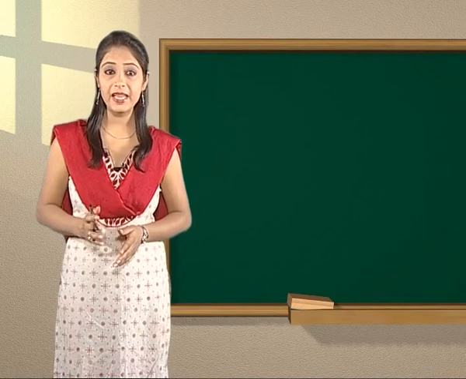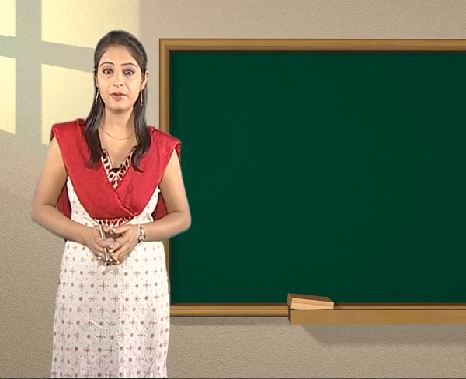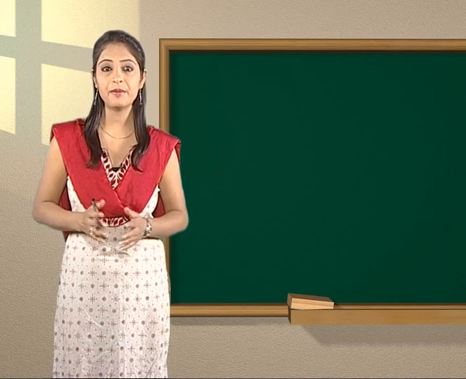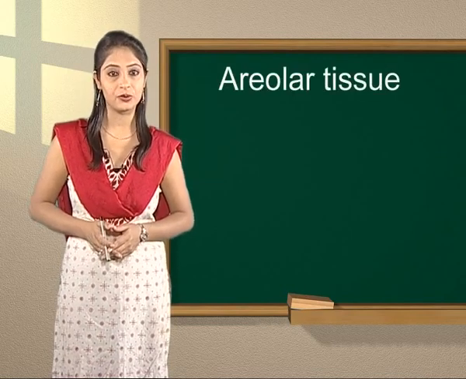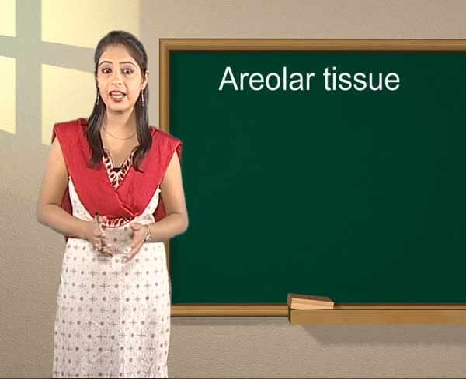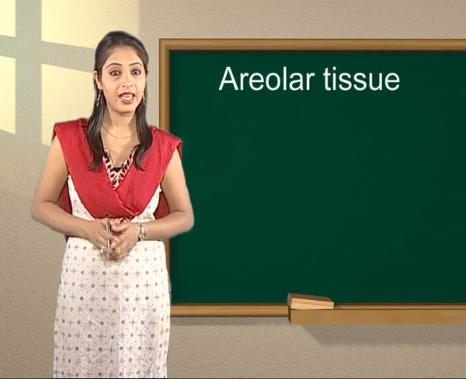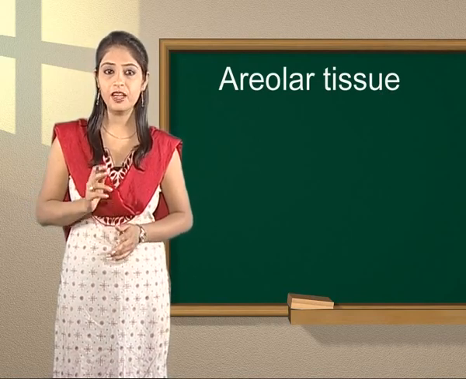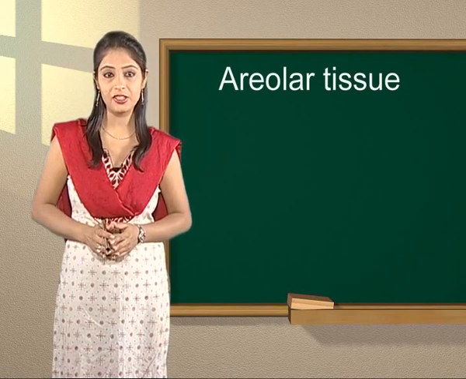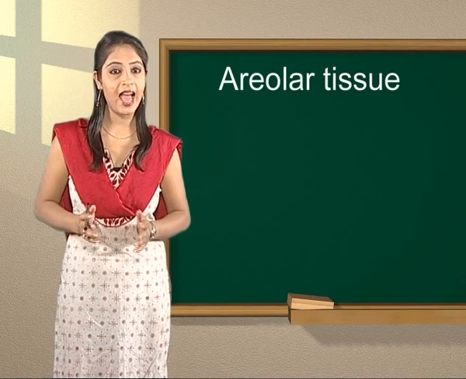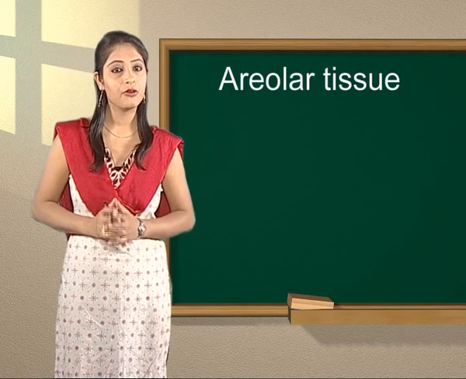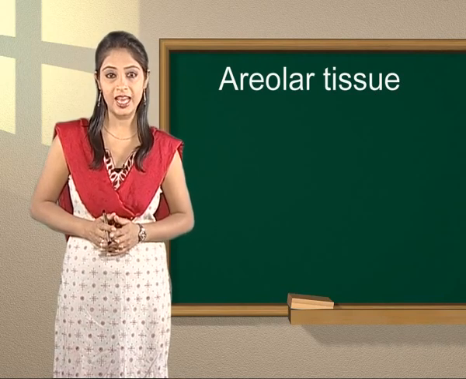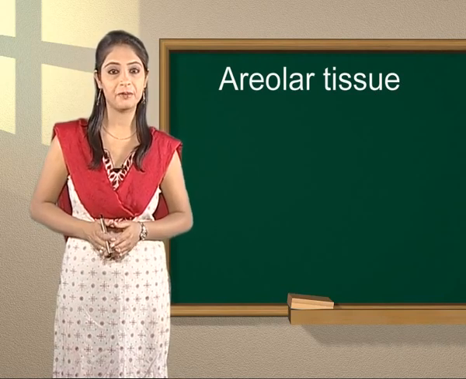Students, the spaces left between the fibers are called areolae, hence the name given to this type of tissue is areolar tissue. It varies greatly in appearance. In many membranes, it appears as a loose arrangement of collagen and elastic fibers with cells of various types scattered among them.